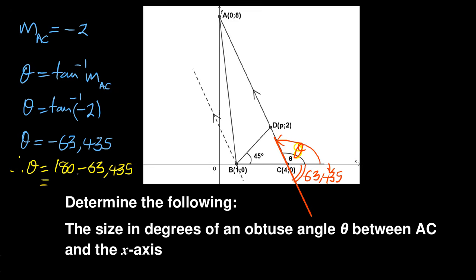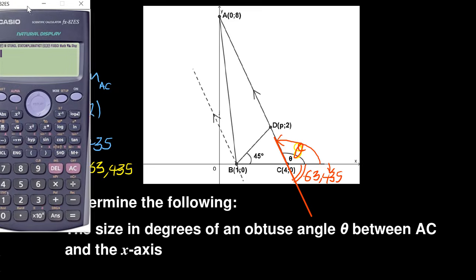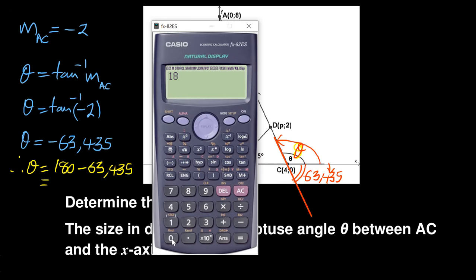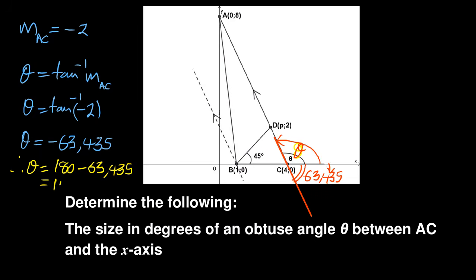So my final answer will be 180 minus 63.435, and I'm getting 116.565. So that becomes that particular angle theta. The angle that you needed was 116.565. So that is how you can find the answer to this particular question.